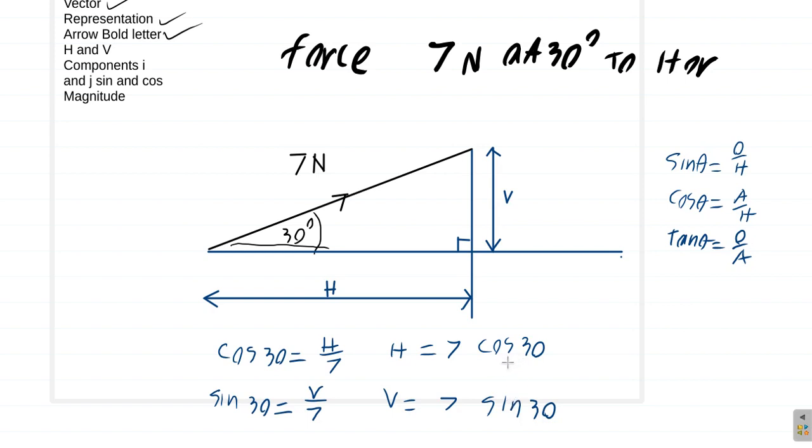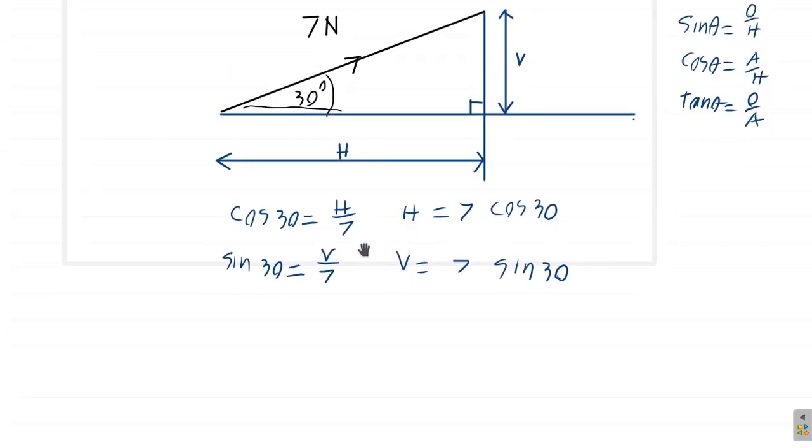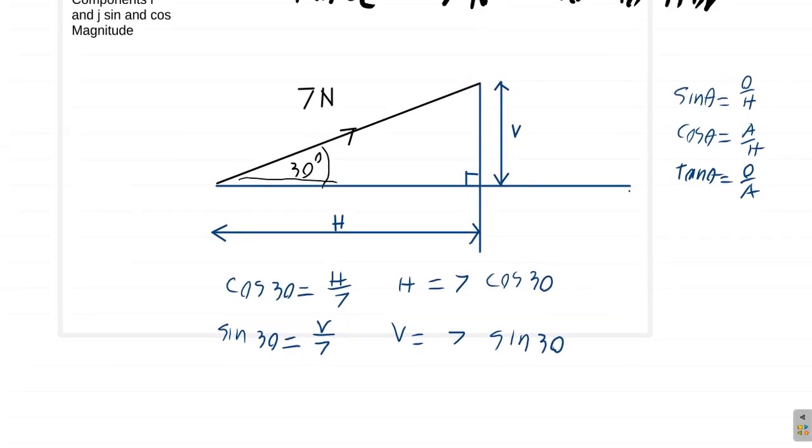So generally, suppose you don't know the 30 and you don't know the 7. Then this 7 would be the magnitude of the vector, right?